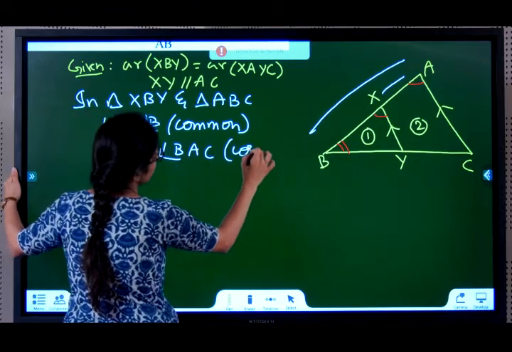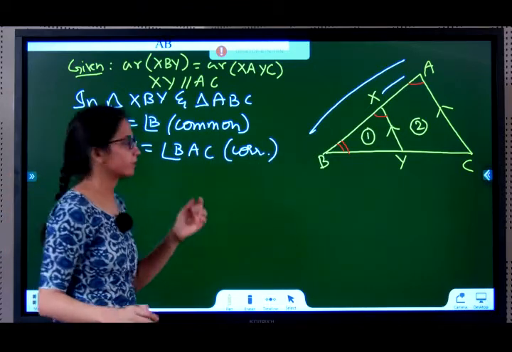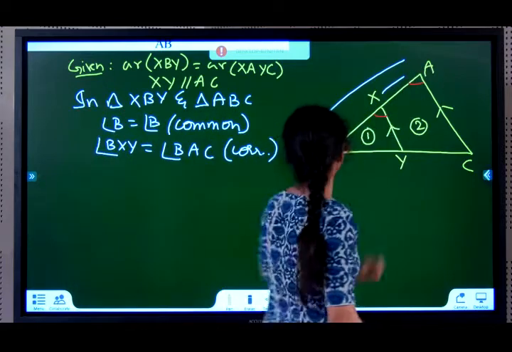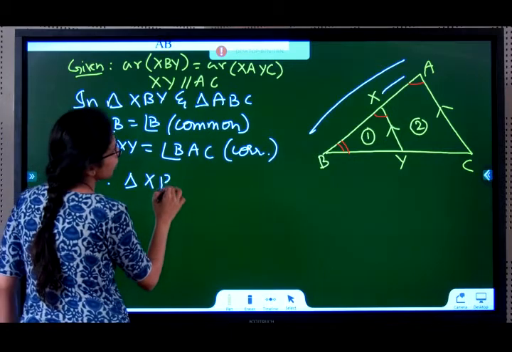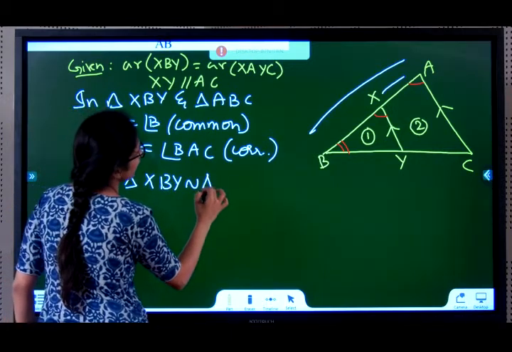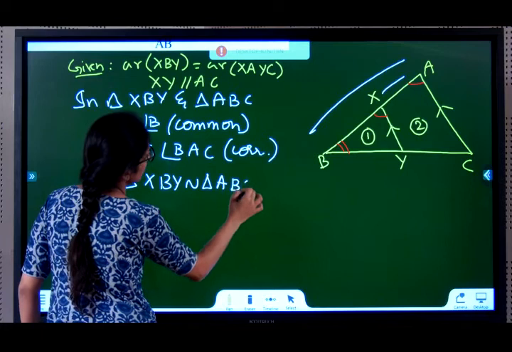Why? Corresponding angles. Those two lines are parallel, so they are corresponding angles. This and this is corresponding. Therefore, I can say triangle XBY is similar to triangle ABC.